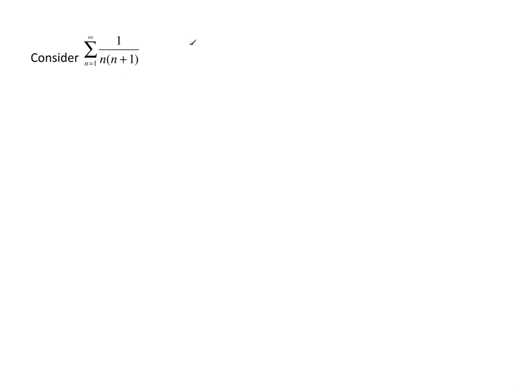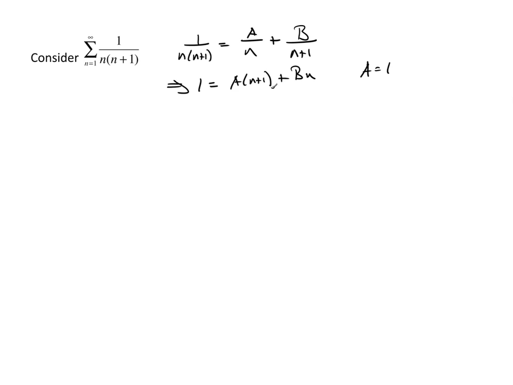I'm going to take a look at this and say, okay, what I have is 1 over n times (n plus 1), two distinct linear terms, is going to be equal to A over n plus B over n plus 1, which gives me 1 is equal to A times (n plus 1) plus B times n. Now, if n equals 0, that means A equals 1. And if n equals negative 1, that means B would equal negative 1.